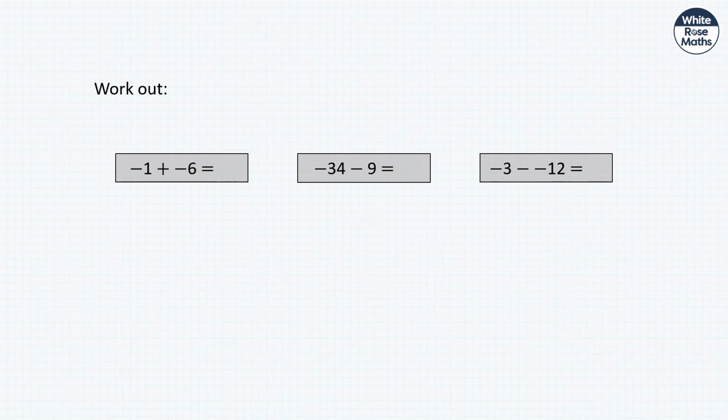There we go. This next one again a bit trickier now. So negative 1 plus negative 6 is negative 1 subtract 6, which is equal to minus 7 or negative 7. Negative 34 subtract 9 is going to be negative 43.